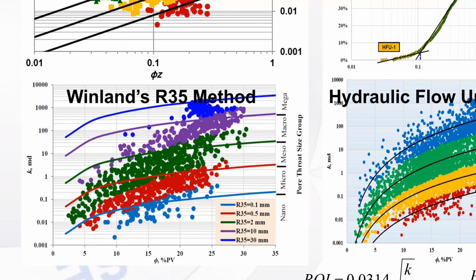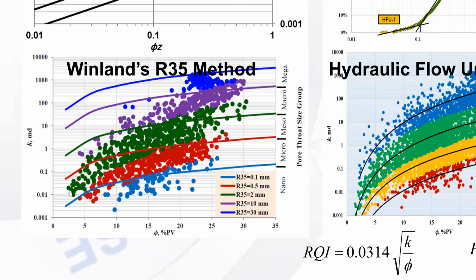For this one, the dominant pore throat radius is 30 micron, but for this one, the lowest quality reservoir rock unit, the dominant pore throat radius is 0.1 micron. As you can see, the permeability range is up to 0.1 millidarcy, covering a wide range of porosity.